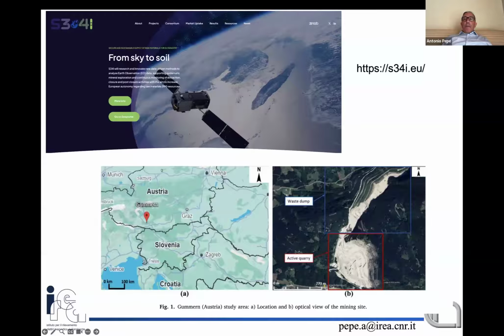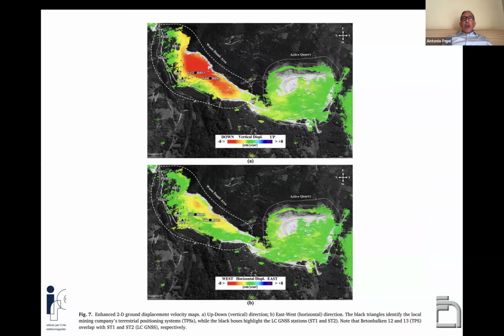This European project ended in June, and during this project, we applied these methods and integrated them with other kinds of advanced methods to reconstruct the 2D and 3D displacements of the mining region. In particular, these are the maps of the mean deformation velocity of the mining region we analyzed during the S34I project.